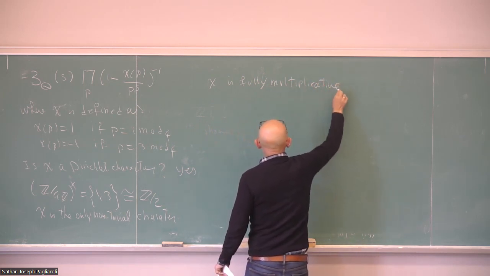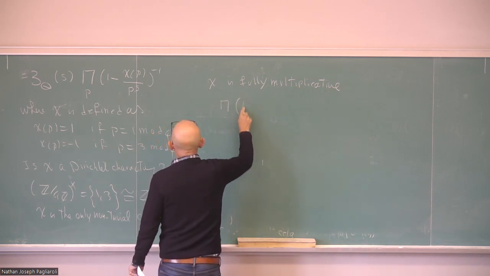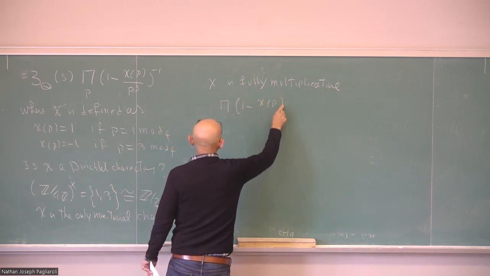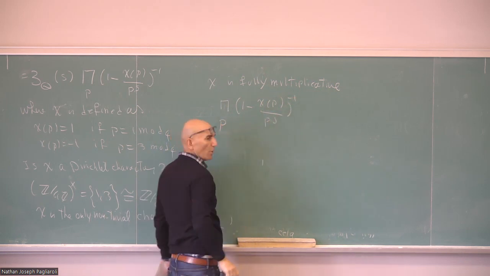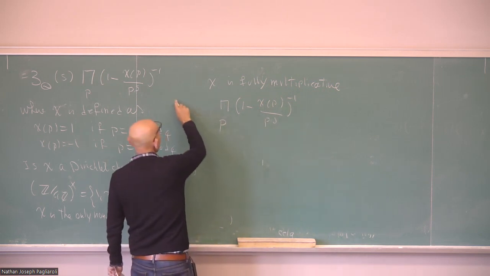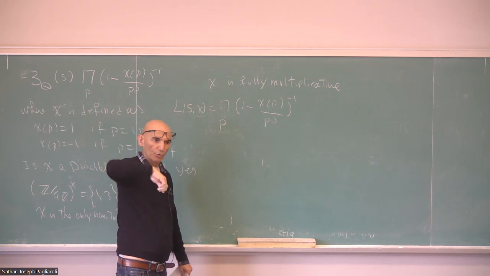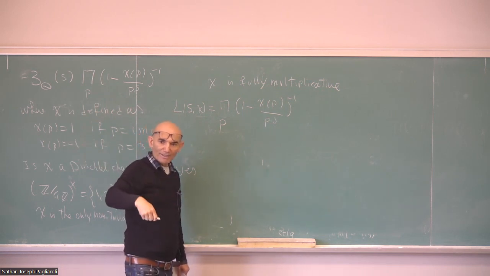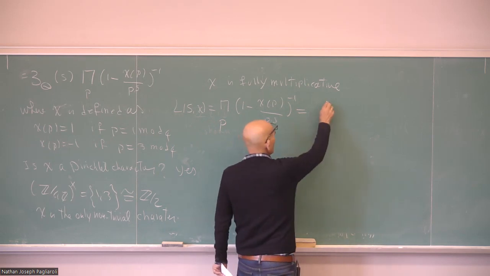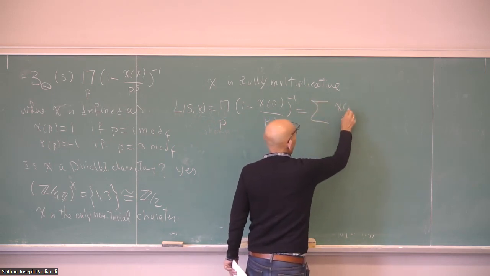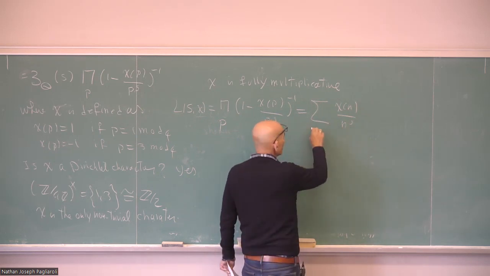So we know that the product over p of (1 minus chi(p) over p to the s) inverse, for all Dirichlet characters, is L of s and chi. So now we are going back to the beginning of the course. We can also write it as a sum, because there is an Euler product formula. This is the sum of chi(n) over n to the s, from 1 to infinity, right?